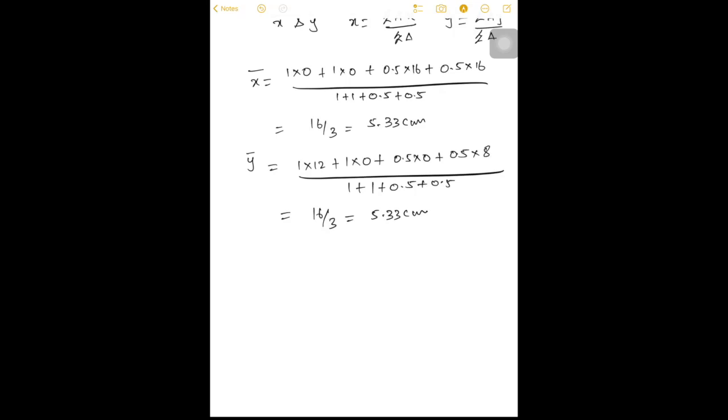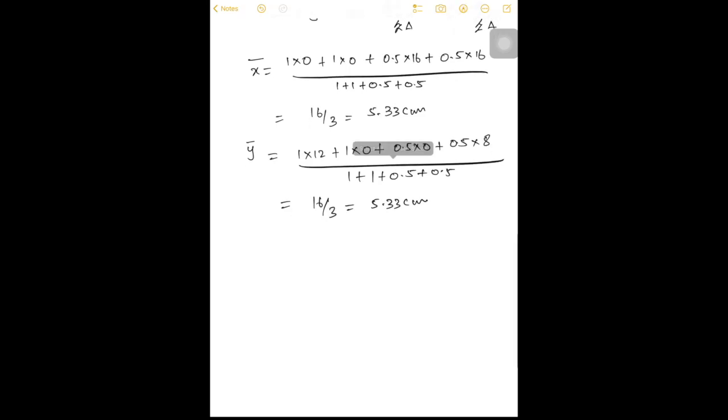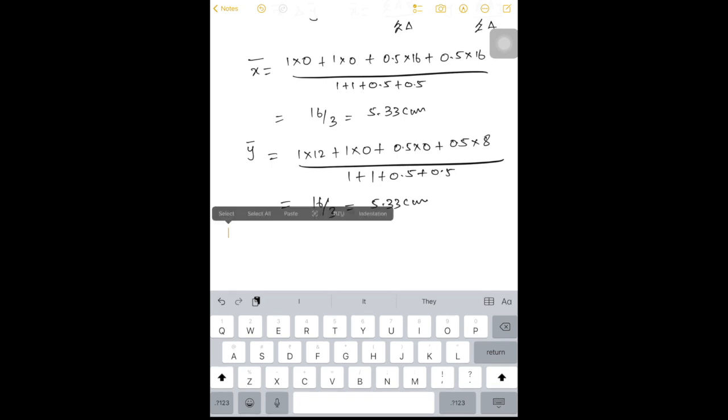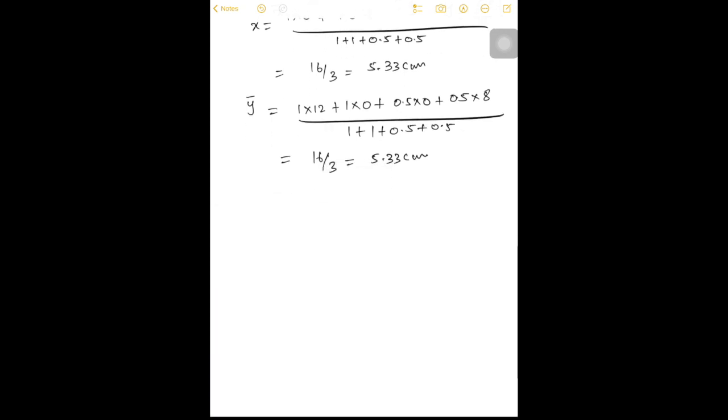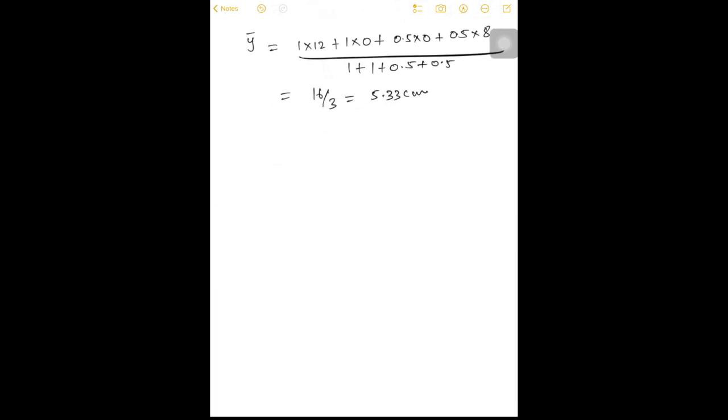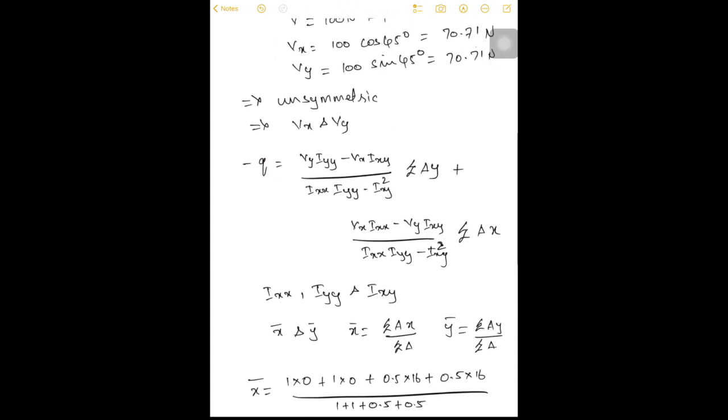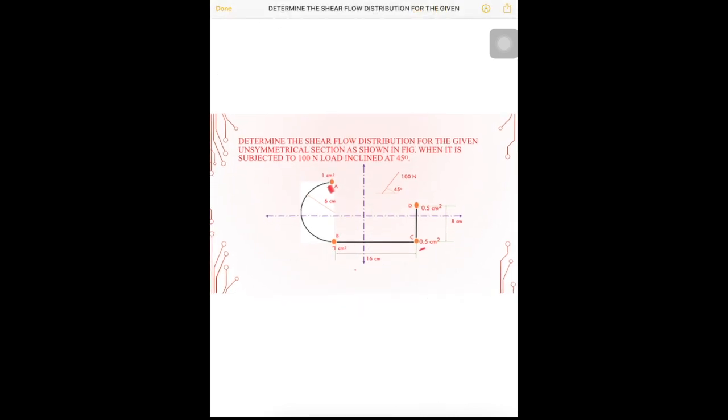So now we identified the neutral axis distance, 5.33 from the reference plane.